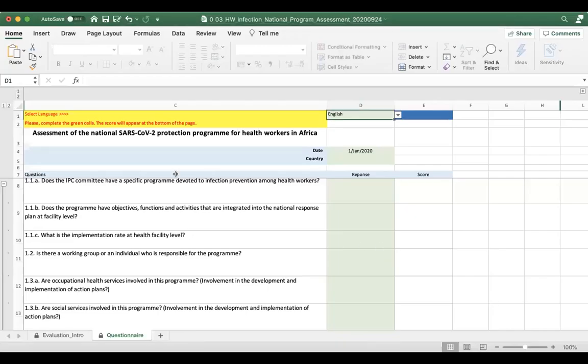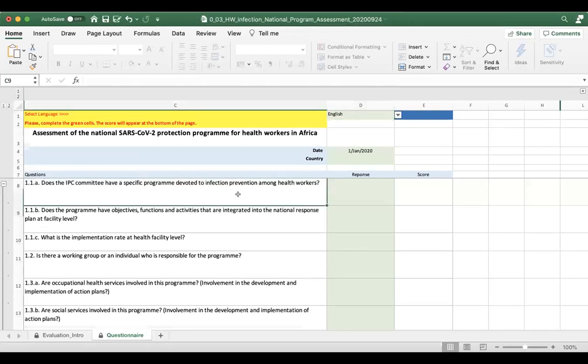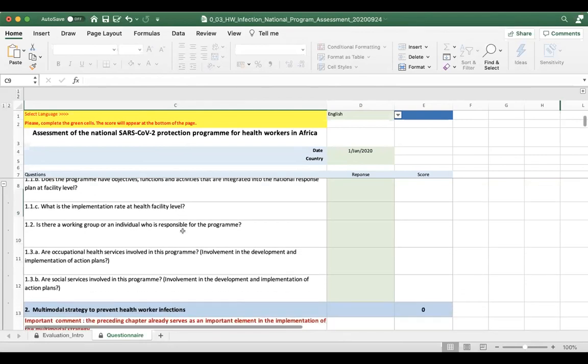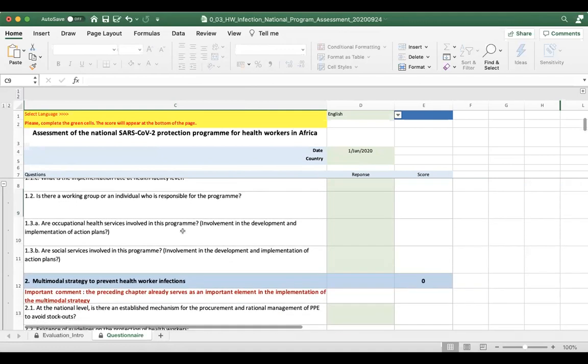If you look at the tool, we have 5 components. The first one is about the IPC program to protect healthcare workers, and the second is about a multimodal strategy to prevent healthcare workers' infection.